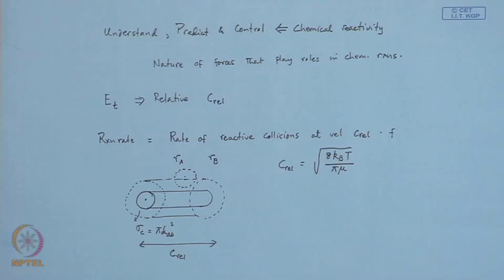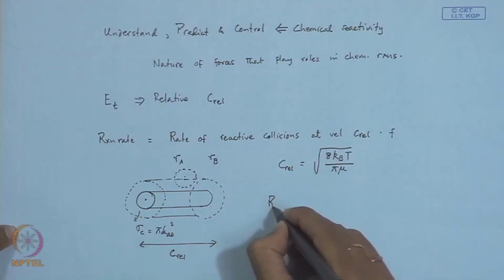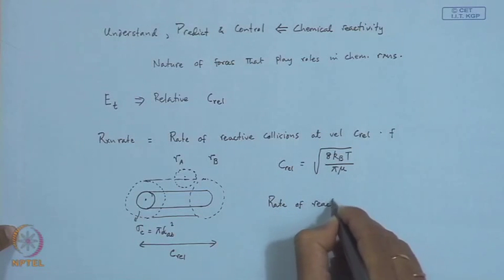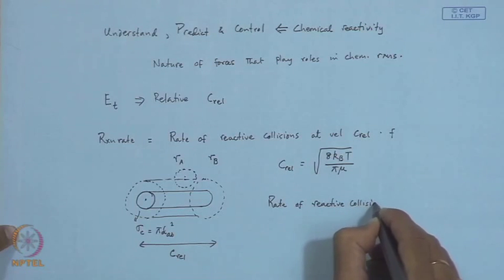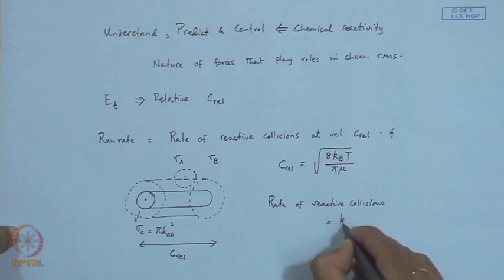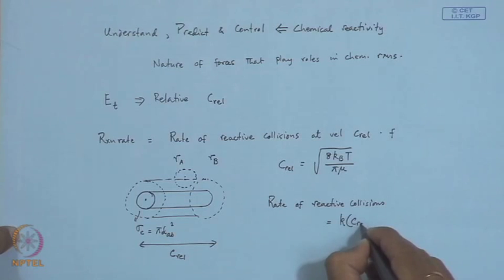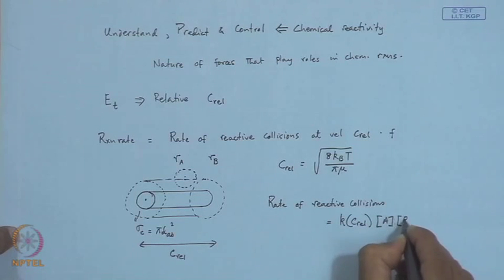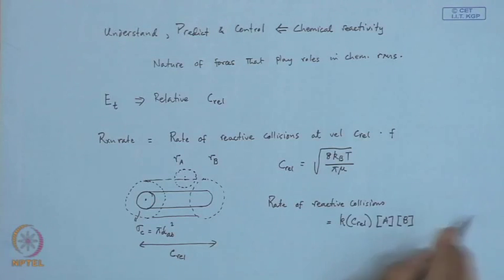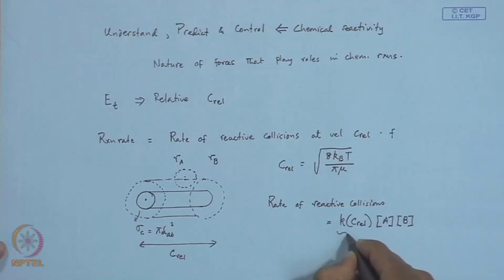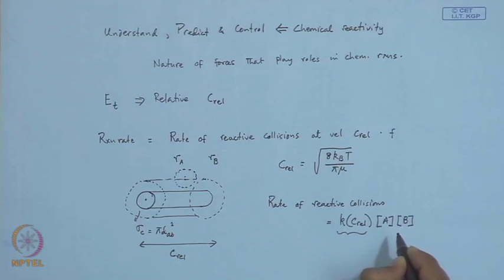So the rate of reactive collisions you can write in this way: equal to some k designated at C rel, times the concentration of A and the concentration of B. Now, Kc relative is the number of reactive collisions, which defines the reactive collision volume swept out per unit area.